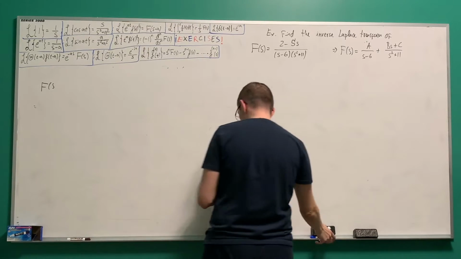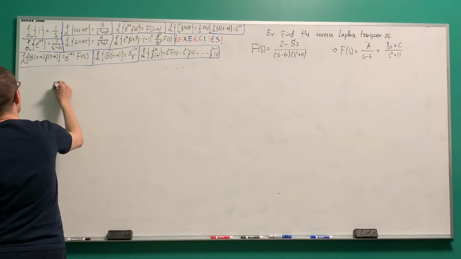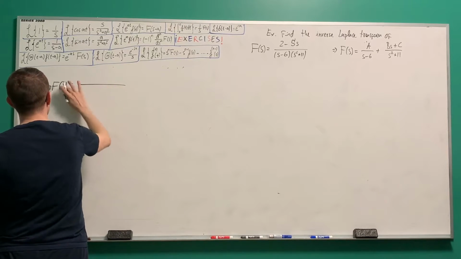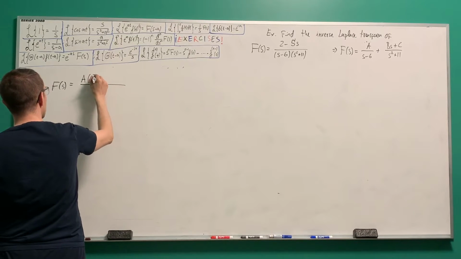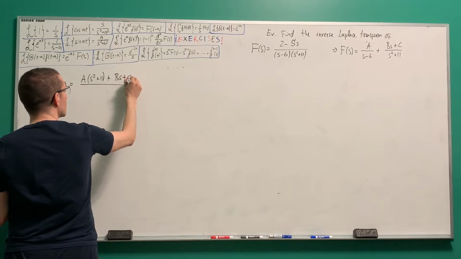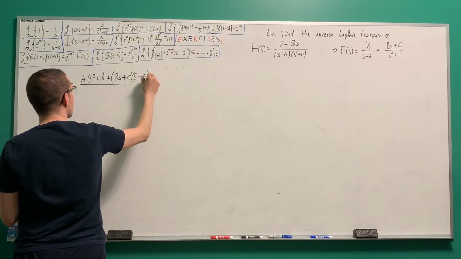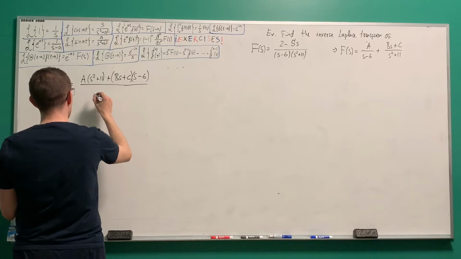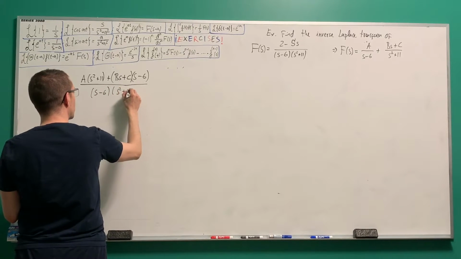Wonderful. So what we do is, again, common denominator, and we find that F of s would be equal to, in the numerator, A multiplying s squared plus 11 plus Bs plus C, that multiplies s minus 6, divided by s minus 6 multiplying s squared plus 11.